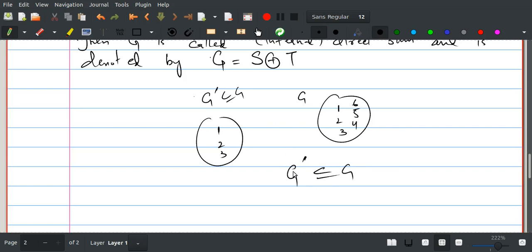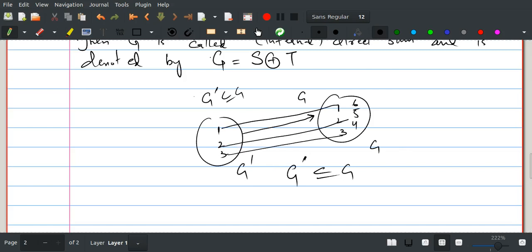In this case we can always define an injective map from G prime to G, where 1 goes to 1, 2 goes to 2, 3 goes to 3. Now this map is called the inclusion map.